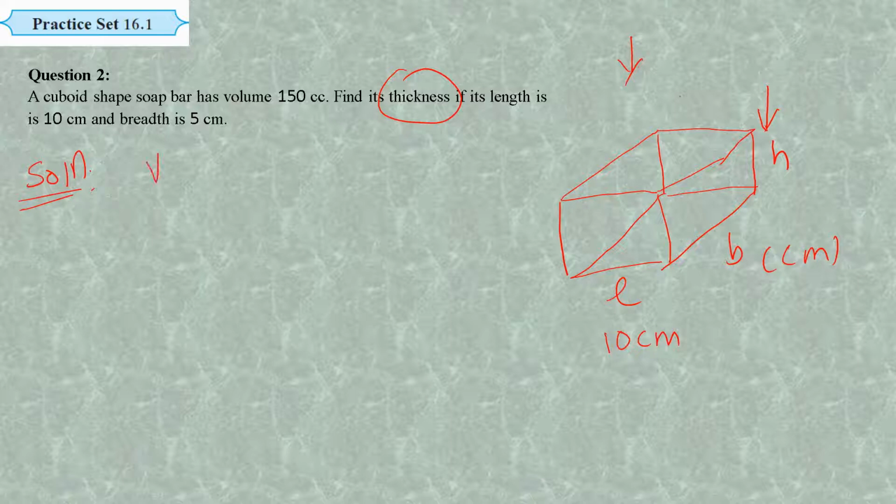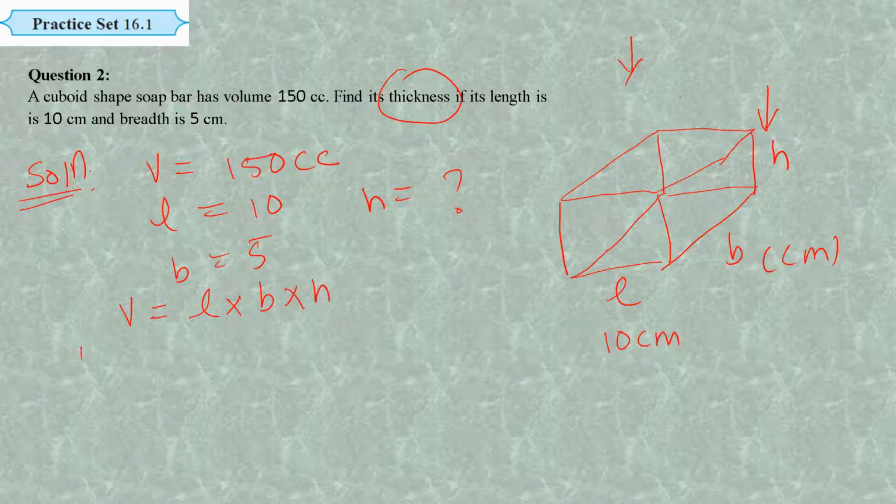The volume of the cuboid is given as 150 cc. The length of the cuboid is given as 10 and the breadth is given as 5, and we have to find out the height, which in turn will be the thickness of this soap. So let us use the formula of volume of a cuboid, that is length into breadth into height, and substitute the values.